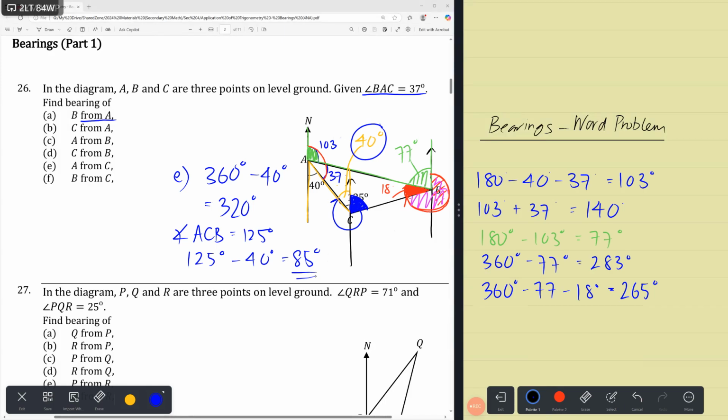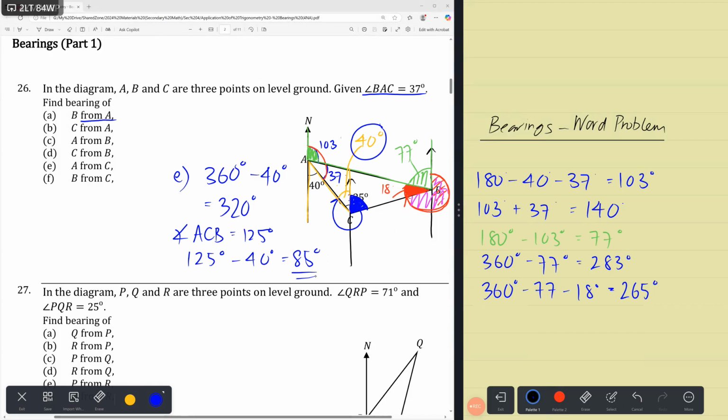That is how we do our bearings questions. It's a bit long, I know. So I hope what you capture from this video is, firstly, you must extend your north arrow downwards so you can leverage on two properties, which is the interior angles and the alternate angles.